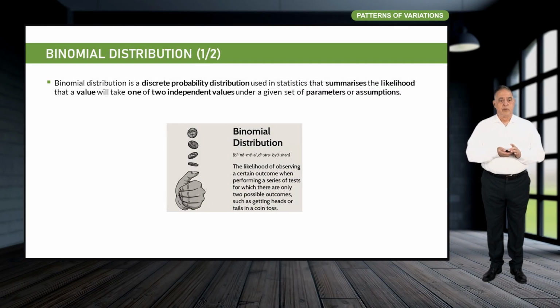Another very common type of probability distribution is the binomial distribution. It is a discrete probability distribution that summarizes the likelihood that a value will take one of two independent values under a given set of parameters, or what is known as assumptions.